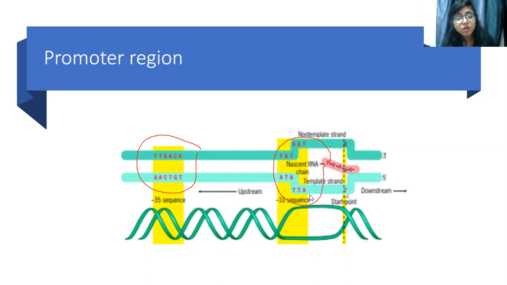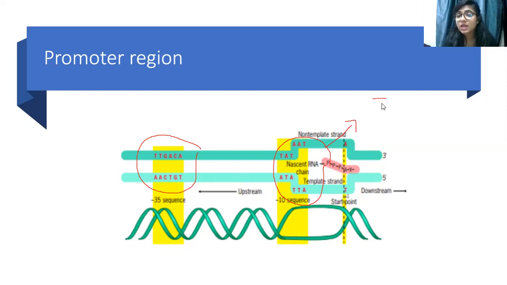Similarly, the -10 consensus sequence is upstream to the transcription start point, 10 nucleotides away from the start point. The -35 consensus sequence is referred to as the TTGACA consensus sequence. But a very important consensus sequence is the -10 consensus sequence.